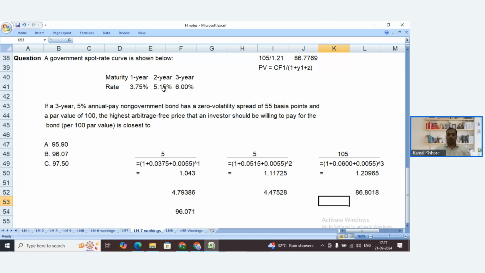What is that? The highest price that an investor should be willing to pay is very simple: the present value of future cash flows. The value of any asset is what? The present value of future cash flows. That is a fundamental rule, right? So the highest price that I will pay for this asset is whatever is the present value of future cash flows, which is what I have calculated.